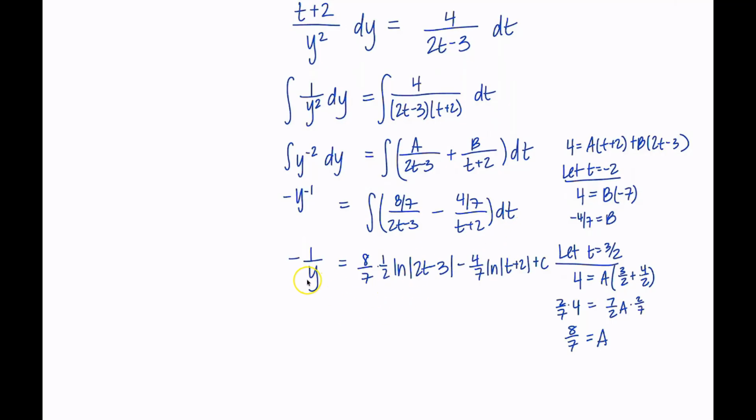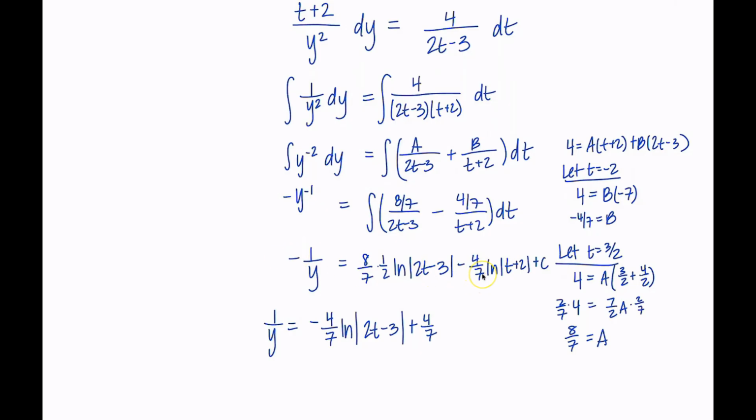All right, so let's go ahead now and try to solve for y. Let's clean this up a little bit. So I'm going to multiply through by the negative on both sides. So I have 1 over y is equal to, let's see here, 8 over 2 simplifies to 4. So we're going to have negative 4/7 natural log absolute value 2t minus 3, and then plus 4/7 because I'm distributing through a negative, right?